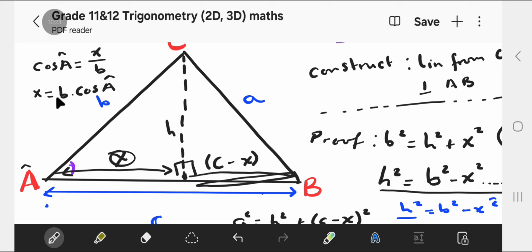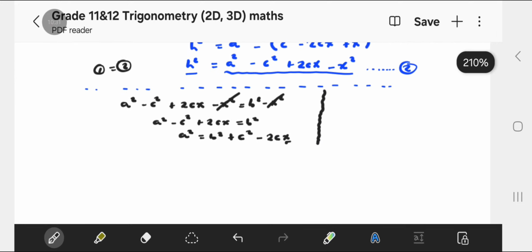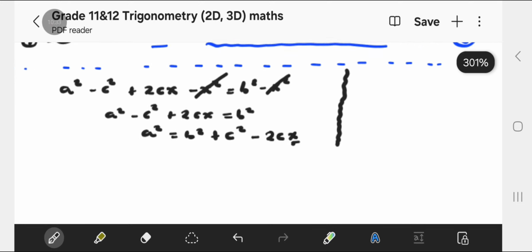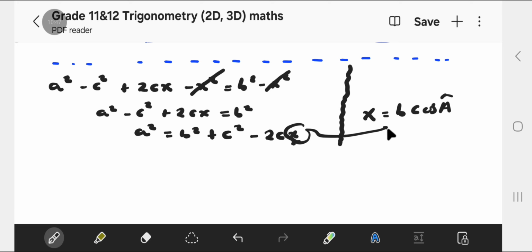So we can put that x into the equation that we are having below there, right? So we said our x is equivalent to b multiplied by cos of angle A. So we are going to replace this x by that.